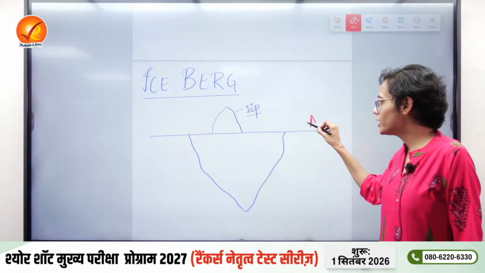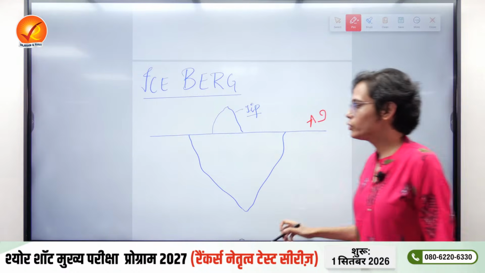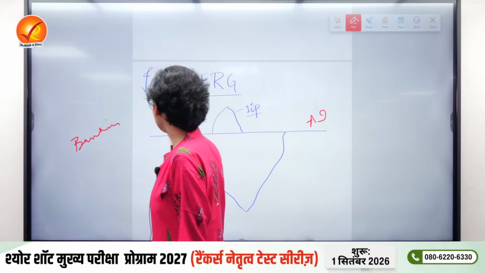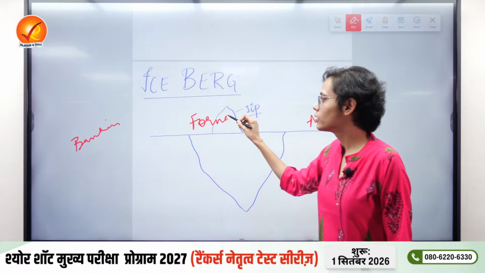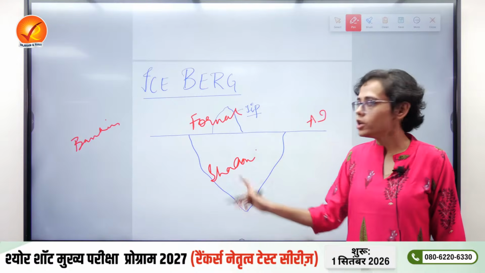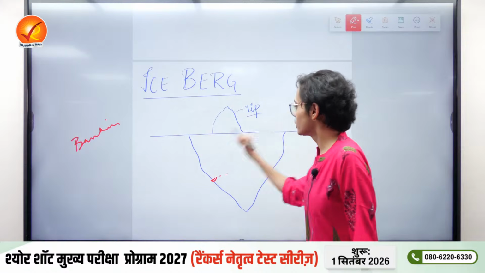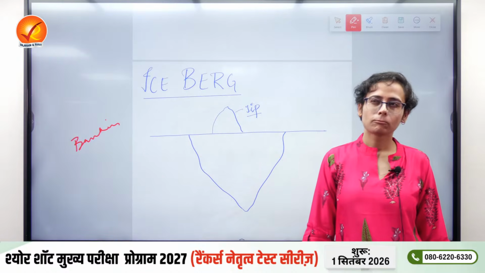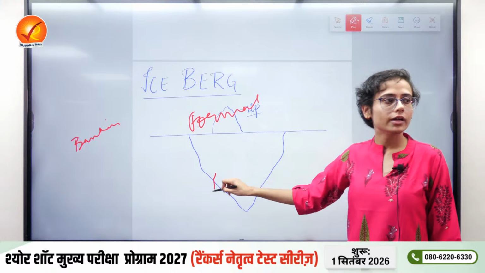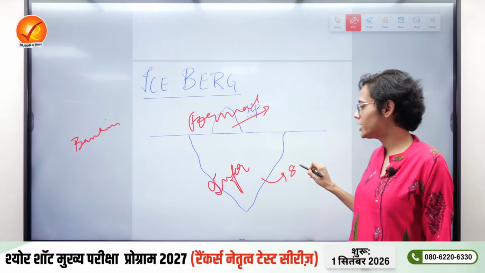You can use it in AI. You can use it to show the banking system, the formal banking and the shadow banking. You can use it to show the formal workforce and the informal workforce. It is approximately 85%.